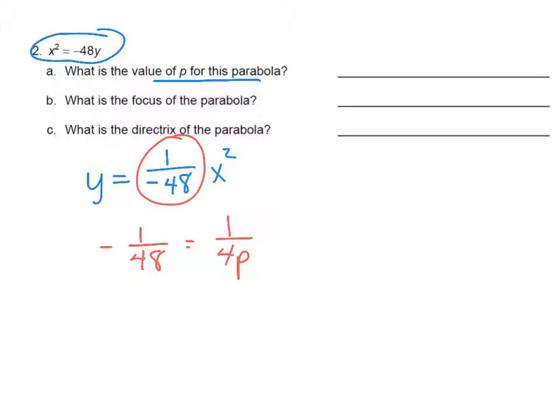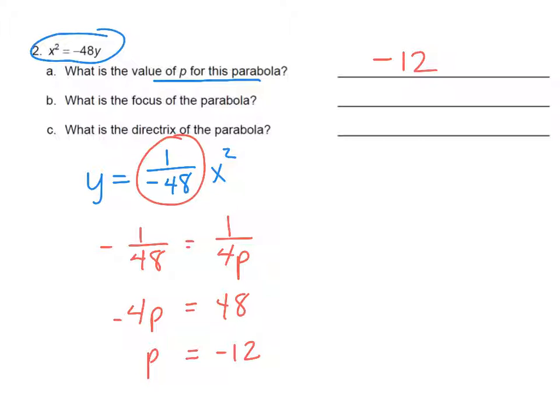Cross multiply. I'm going to put that negative with the 1, so it becomes negative 4p equals 48. Divide both sides by negative 4, and you get negative 12. So the value of p for this parabola is negative 12.